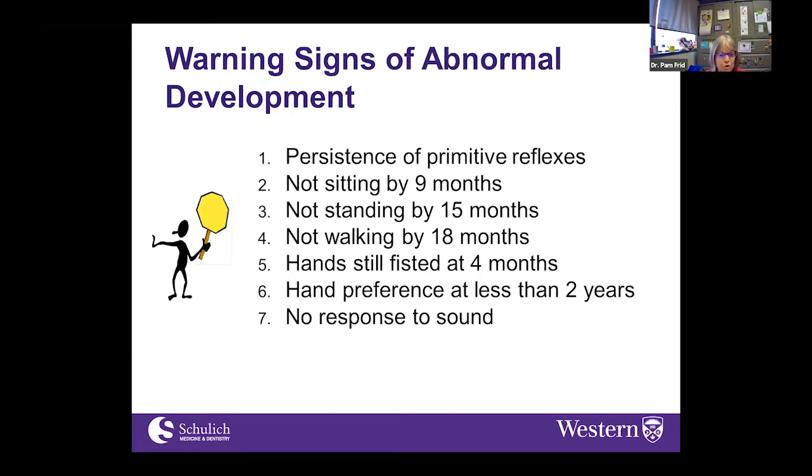And the first few, all the way down to number 6, are the kinds of red flags that we see in somebody who's going to go on to have a diagnosis of a developmental problem relating to their motor skills. I'm going to talk a bit more about cerebral palsy screening in a moment.